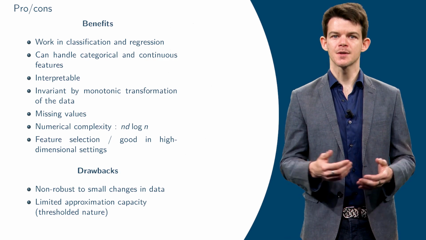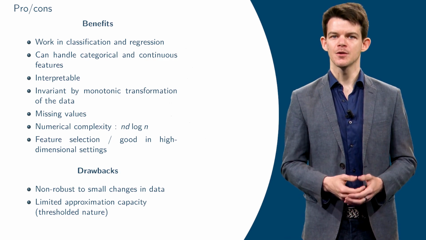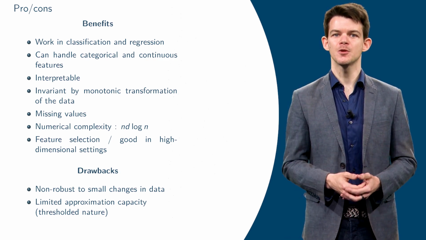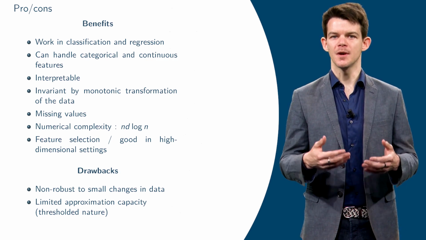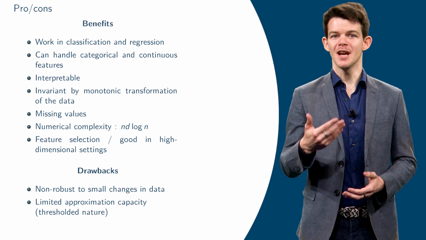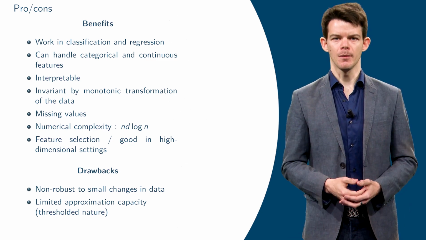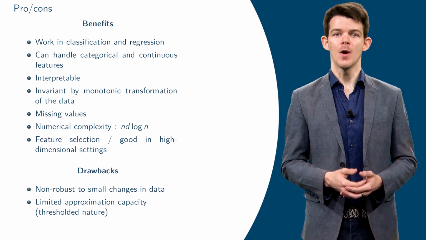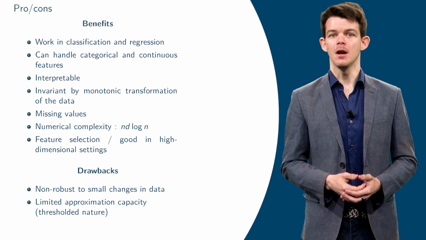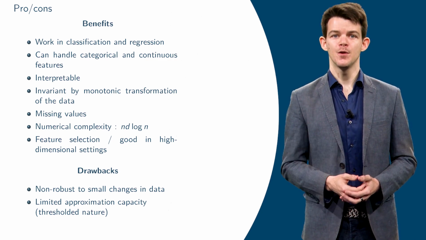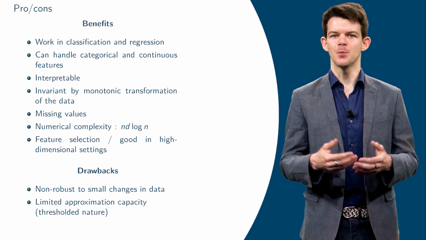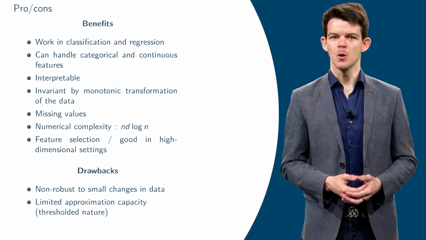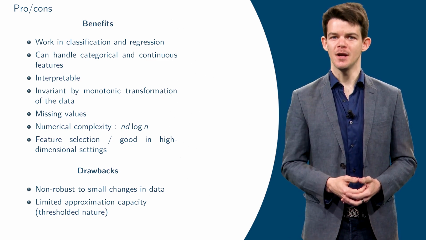A tree constructs a partition of the input space, so the resulting estimator is piecewise constant. Any regular function can be approximated by a piecewise constant function, but an approximation error remains in general. This error can be quite high if the function varies a lot and the partition contains few cells. Moreover, there is no regularity between the predictions in the different leaves, which means that two adjacent leaves can predict two extremely different values.